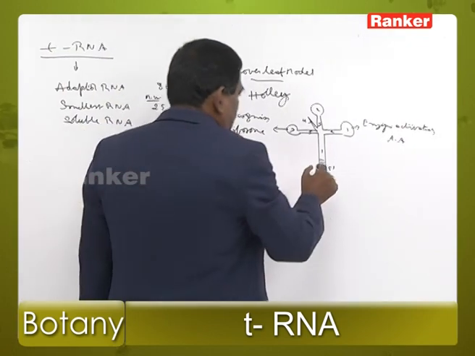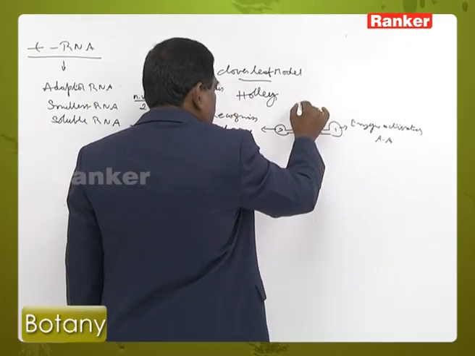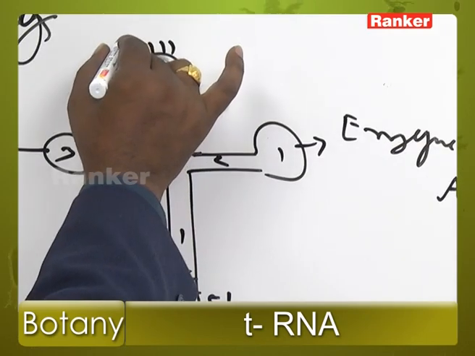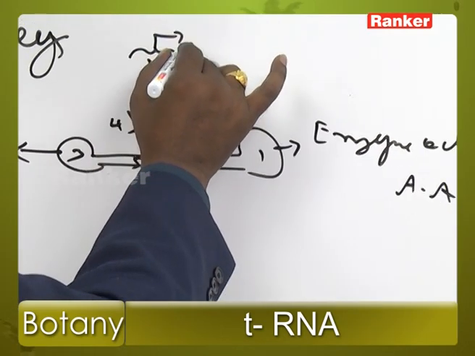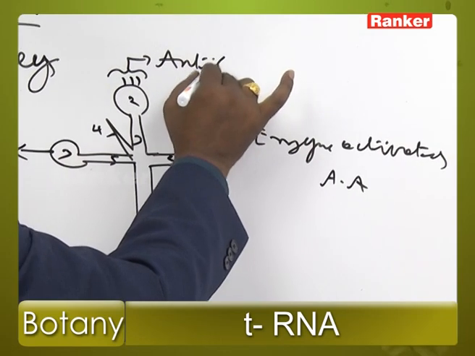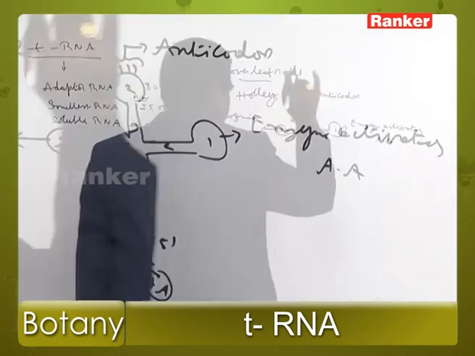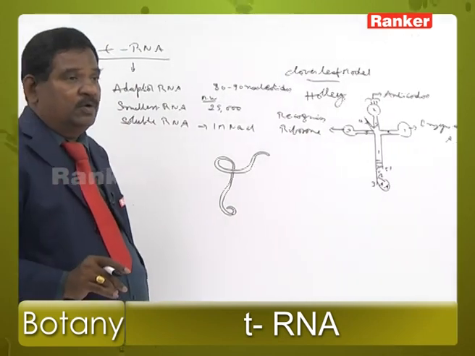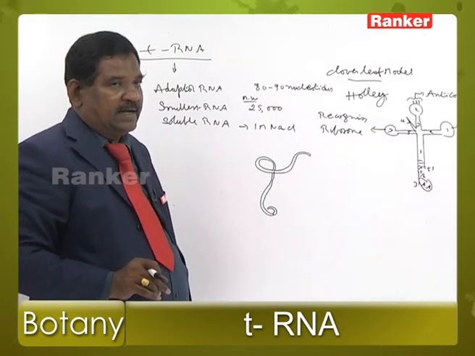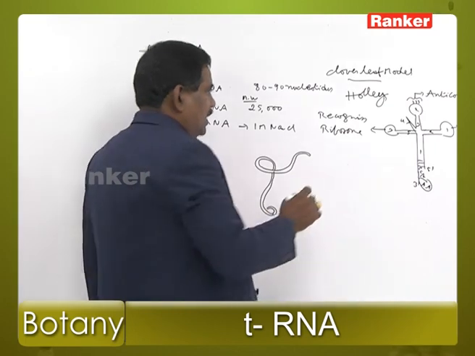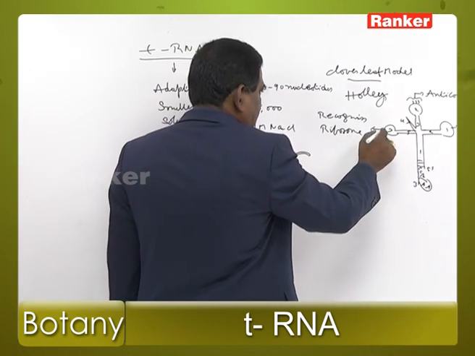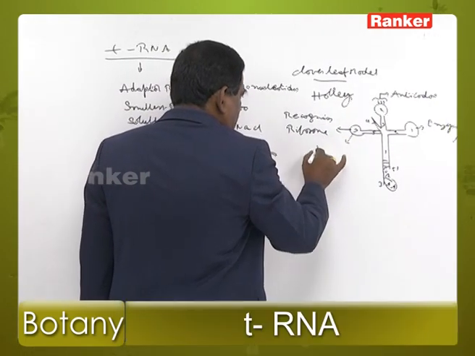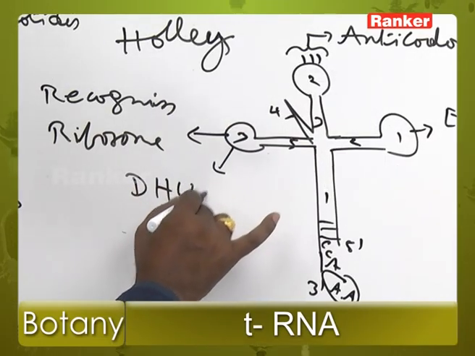And another loop, present quite opposite to CCA, also has 3 nitrogen bases present freely, called the anticodon. That is called the anticodon loop.